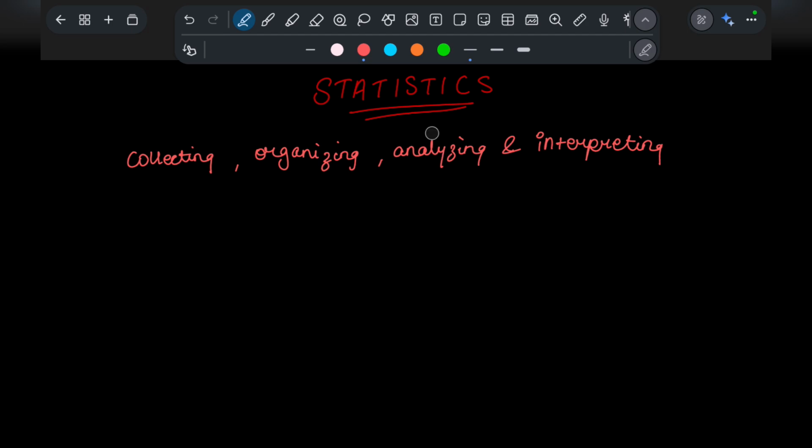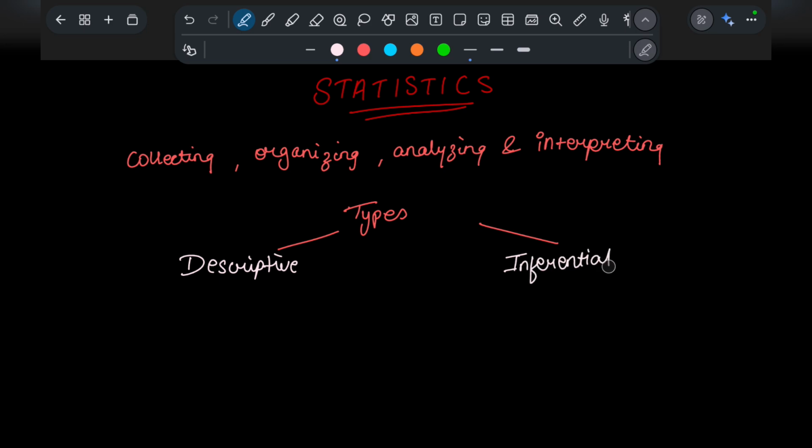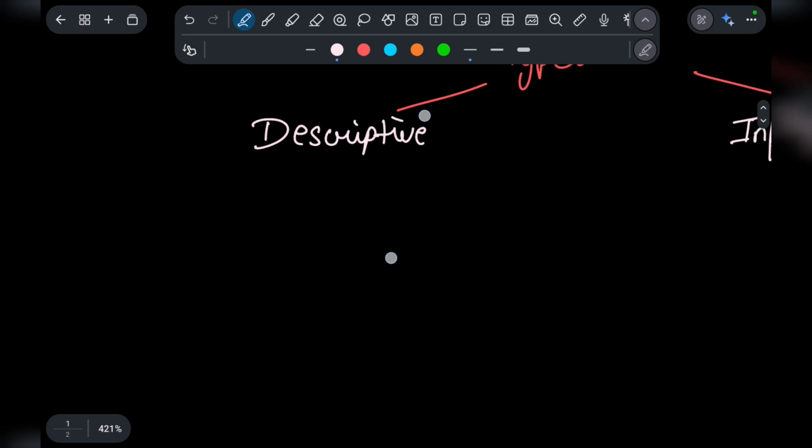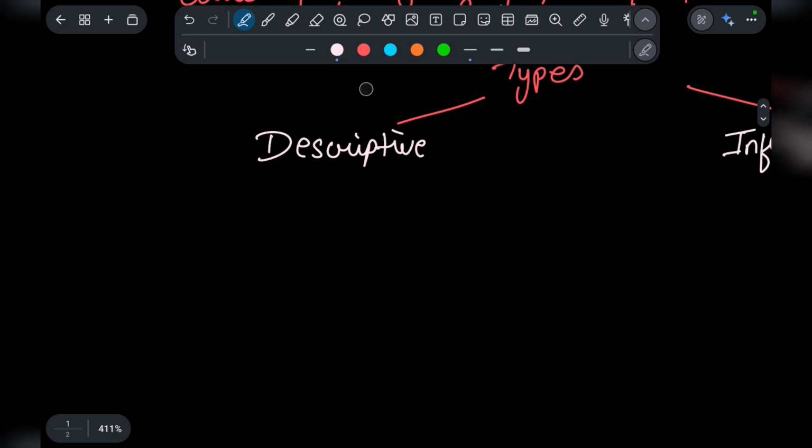Now talking about the types of statistics, there are basically two types. One is descriptive statistics and the other one is inferential statistics. Talking about descriptive statistics first, it summarizes the data and describes the data in a clear way.